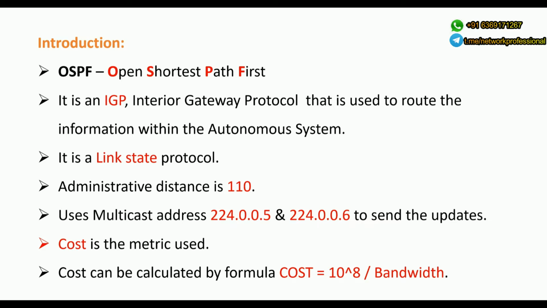All right, fine. It uses the multicast addresses 224.0.0.5 as well as 224.0.0.6 based on the topology. Okay, and cost is the metric that's used here. In order to find the cost, there is a formula: 10 to the power of 8 divided by the bandwidth of the interface for which we are trying to calculate the cost.